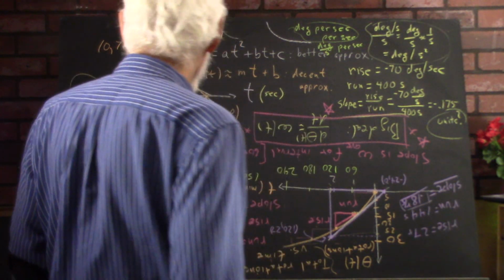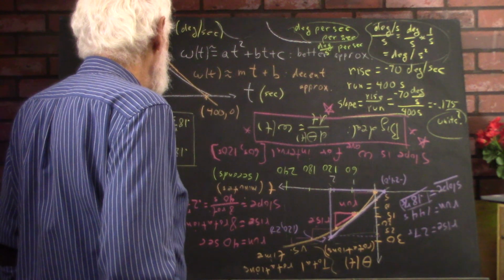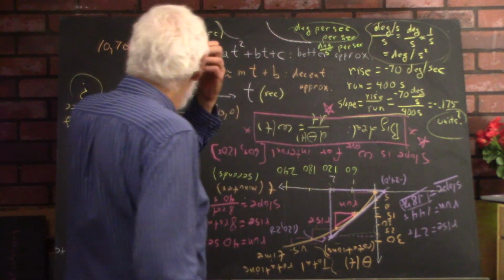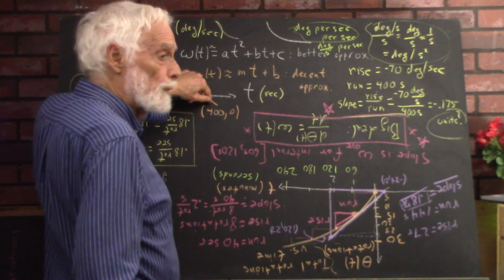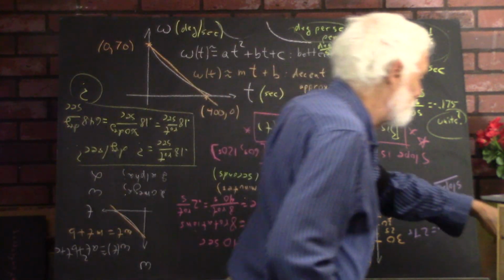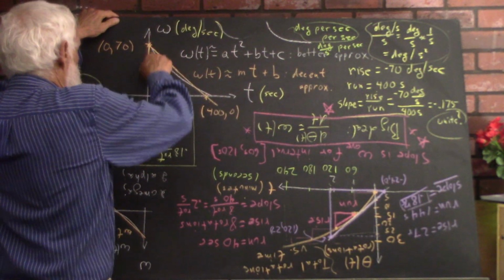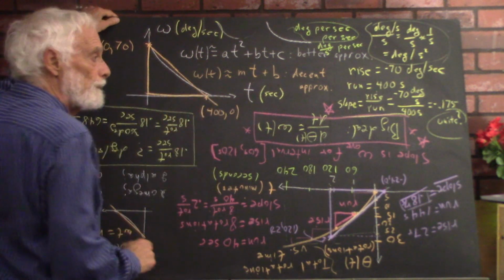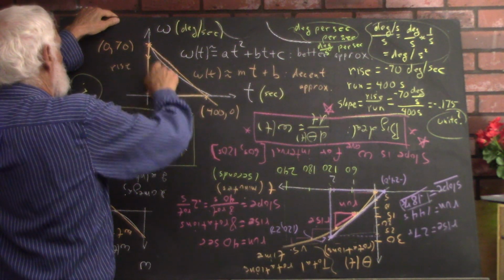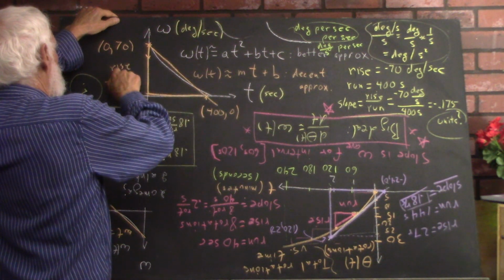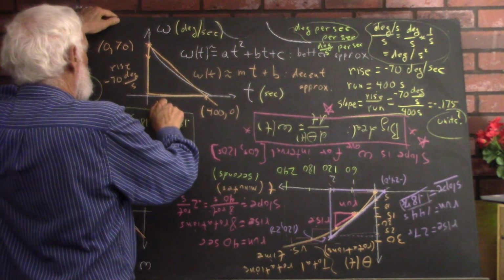I started to walk toward the camera. And we, of course, did a slope based on these 2 points. If you complete the triangle here, where'd that chalk go? If you complete this triangle, you got a rise. And if we're going in this direction, negative 70 degrees per second.